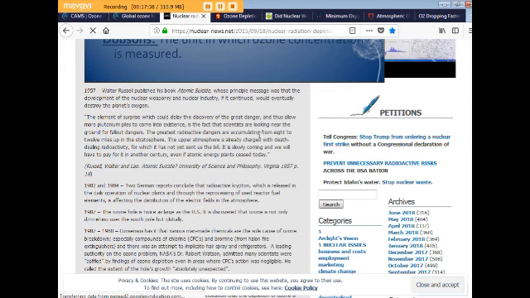In 1957, Walter Russell published his book Atomic Suicide, whose principal message was that the development of the nuclear weaponry and nuclear industry, if it continued, would eventually destroy the planet's oxygen. And this is what's happening now. The oxygen level is dropping, and we're suffocating.